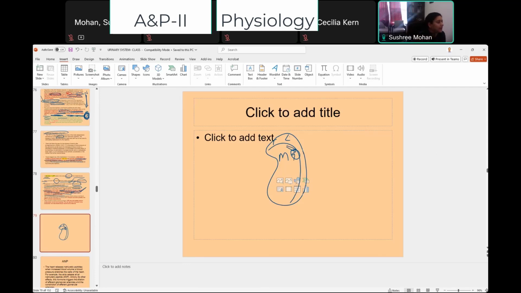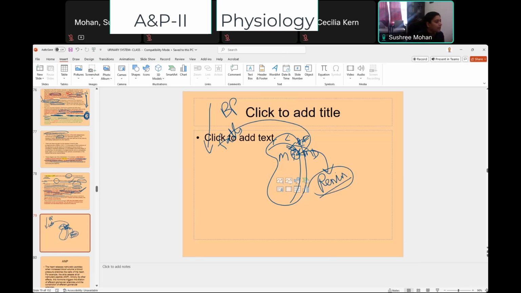Here's the afferent arteriole, which has the juxtaglomerular region with macula densa cells. The macula densa cells are baroreceptors. They can detect any change in blood pressure. So when the body's blood pressure drops, it's detected by the baroreceptors of the kidney and they immediately secrete renin.